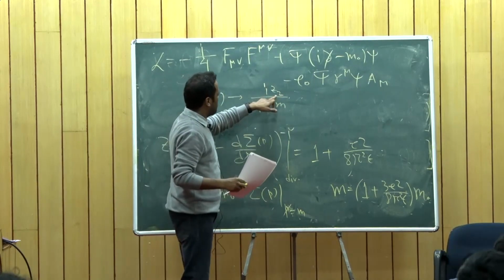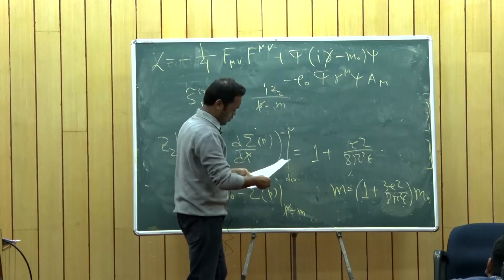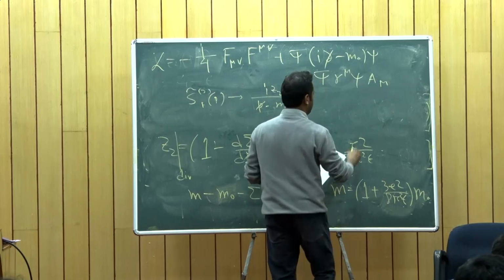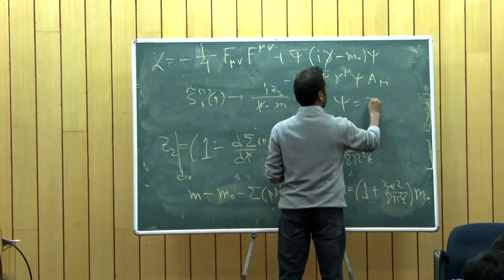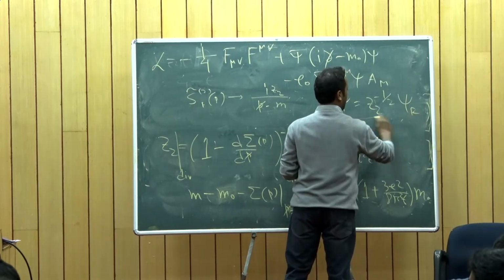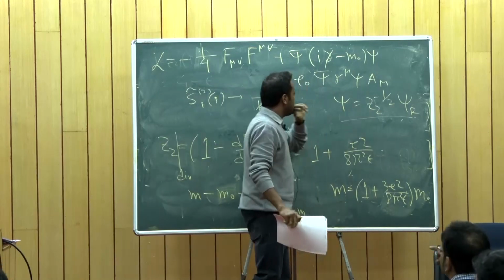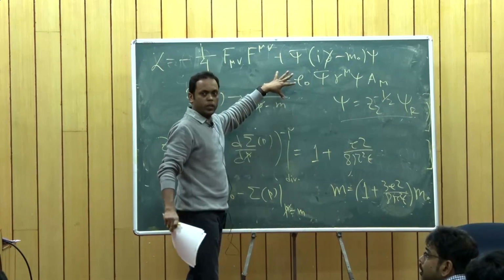And this is already a divergent quantity. Okay. So instead of using psi, if you use this renormalized psi, let's say Z2 to the power minus half psi_r, and calculate the 2-point correlation function using this renormalized field, you can get rid of this Z2.